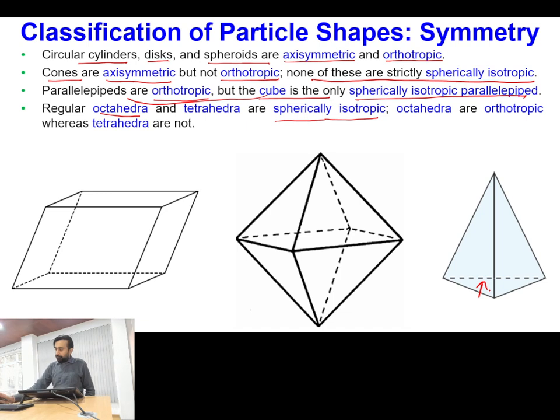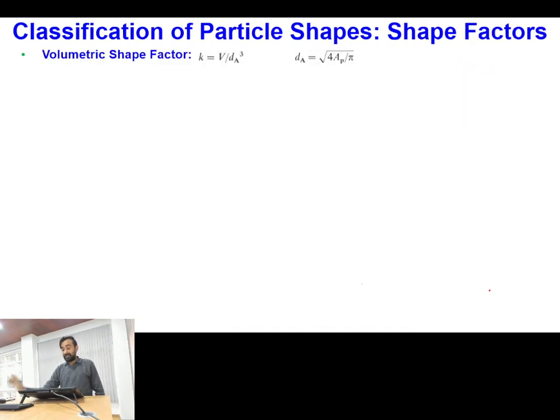Now, whenever we are having these shapes, we have classified the shapes, but classification does not solve our purpose. Okay. Ultimately, all these irregular shapes present in the system will be interacting with the surrounding liquid. Okay.